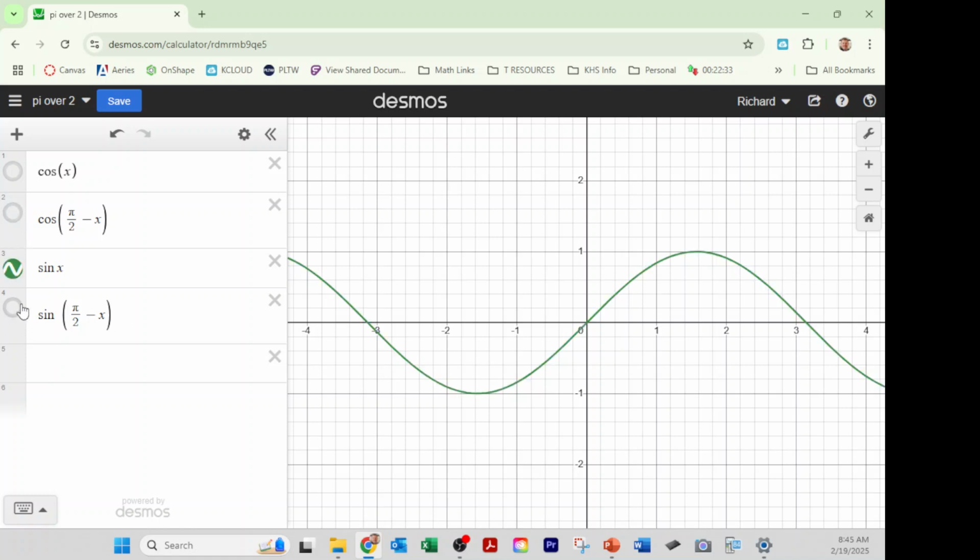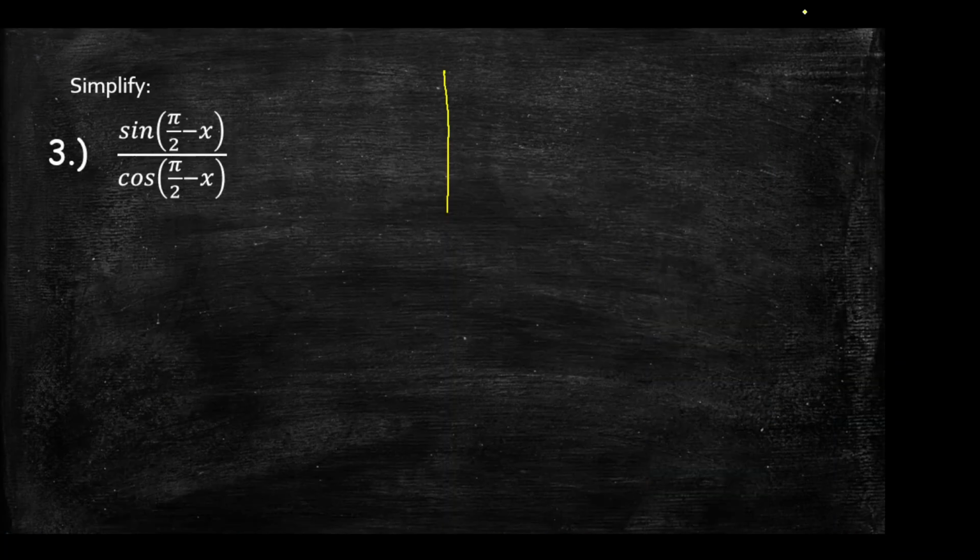So what I'm trying to say is that by taking that pi over 2 minus x and shifting it one of our intervals to the right, we turn sine into cosine and cosine into sine, okay, end of the day. So in other words, if you see this pi over 2 minus x, then all we've done is shift sine to the right 90 degrees, which makes it cosine. So this is now cosine x over sine x, which of course equals cotangent.